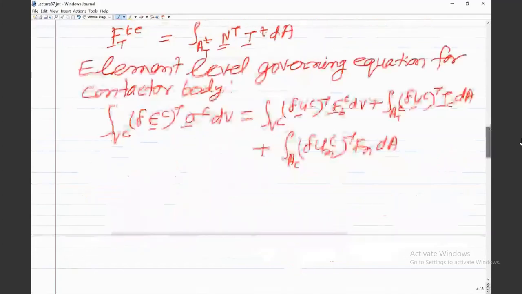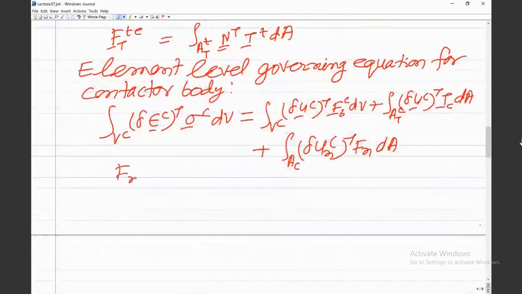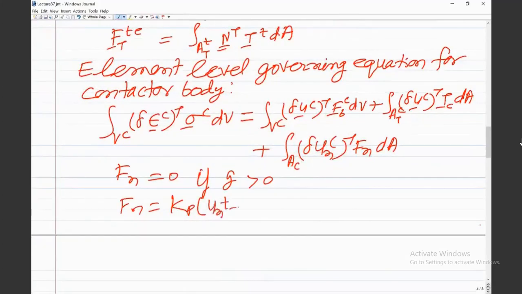Now because we are working with the penalty method, we already know that Fn equals 0 if g is greater than 0, and Fn equals Kp into the interpenetration, which is UNt minus UNc, if g is less than or equal to 0. You already know Kp is a penalty parameter. Now we have to look at the last term. The other terms, as I already said, you know how to write.